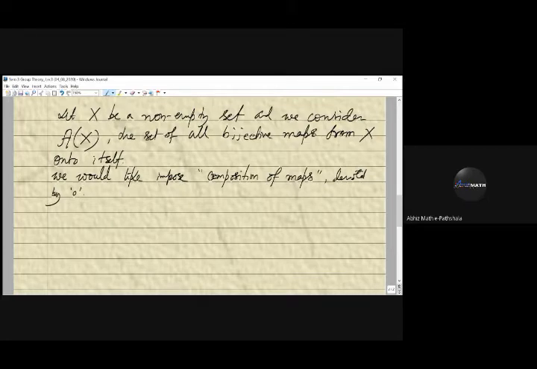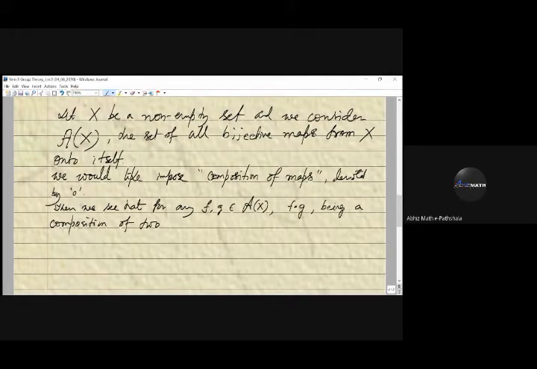Then we see that for any f, g belonging to curly X, f compose g, being a composition of two bijective maps, will be a bijection, again a bijection from X onto itself.